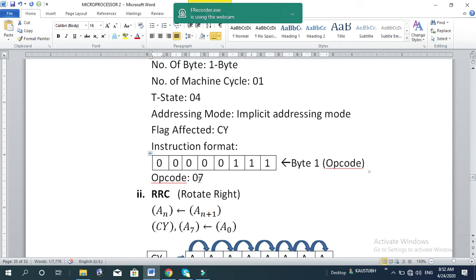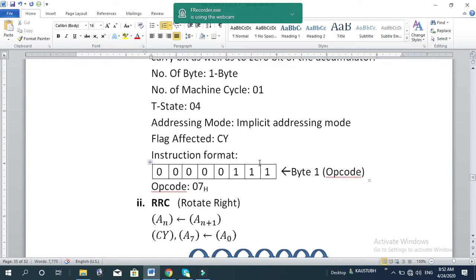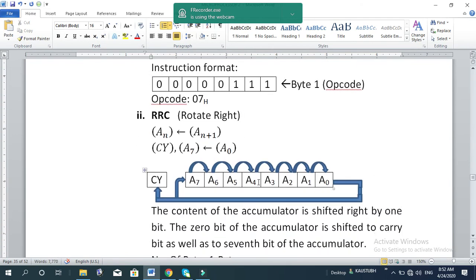Okay, so what will happen in case of RAL? Just like the rotation in RLC, RAL has the same operations. A0 will go to A1, A1 will go to A2, A2 will go to A3, A3 will go to A4, A4 will go to A5, A5 to A6, A6 will go to A7, A7 goes to the carry flag.